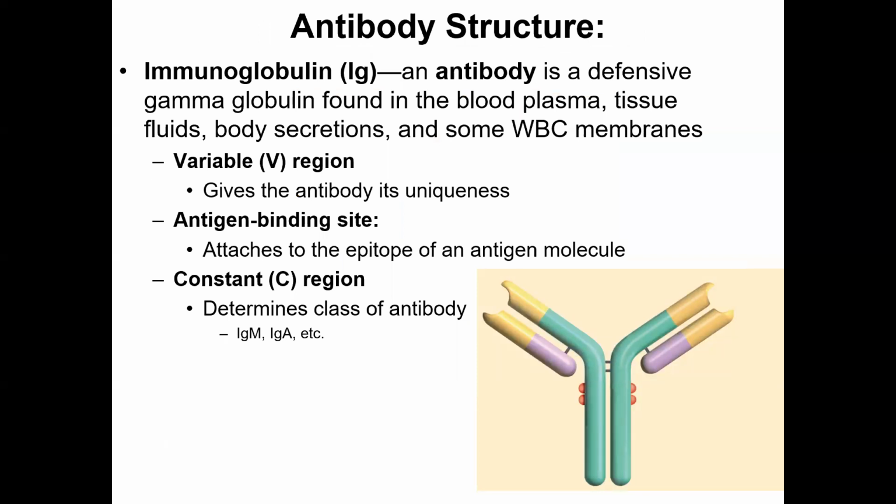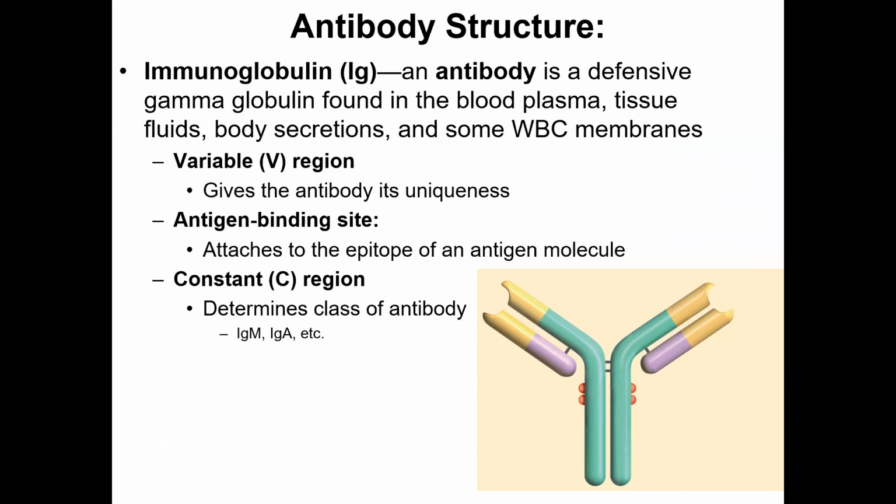Okay, the structure of the antibody. Immunoglobulin, or Ig, is an antibody, a defensive gamma globulin found in the blood plasma, tissue fluids, body secretions, and some WBC membranes. It has a variable region, which gives the antibody its uniqueness.